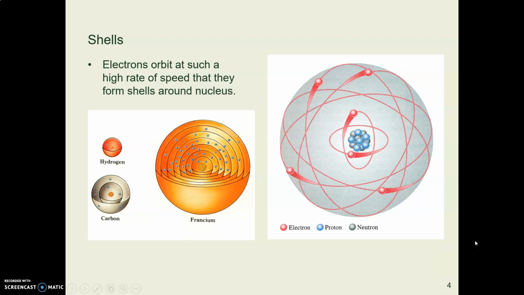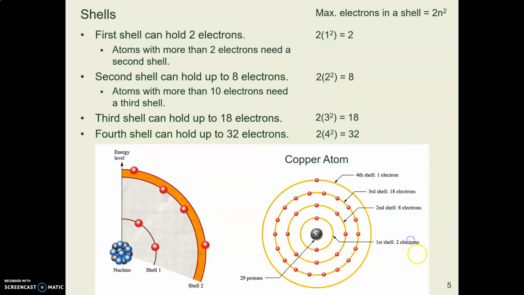And they're whizzing so fast that we think of them as forming shells around the outside of the nucleus. And each shell has only so much capacity, so much size. When the shell is full, any additional electrons have to go out to the next shell, and so on and so forth. Here's a diagram of a copper atom. It happens to have 29 protons and 29 neutrons, and all the three inner shells are full.